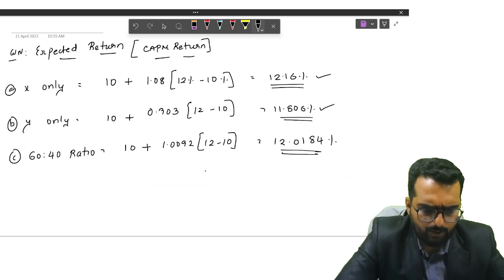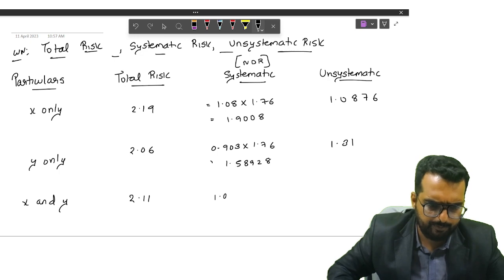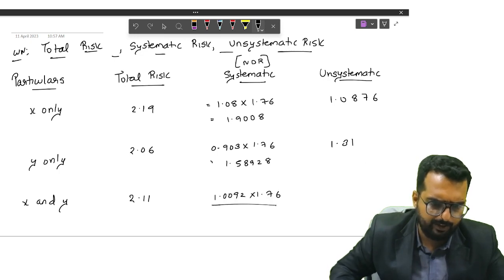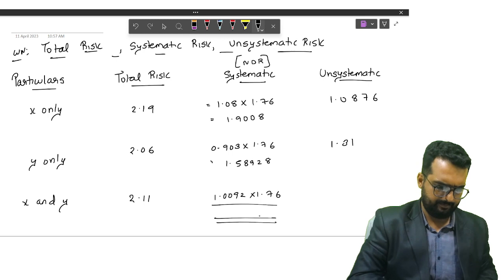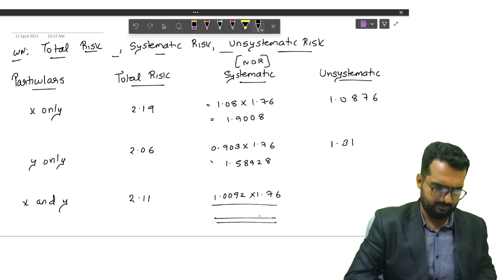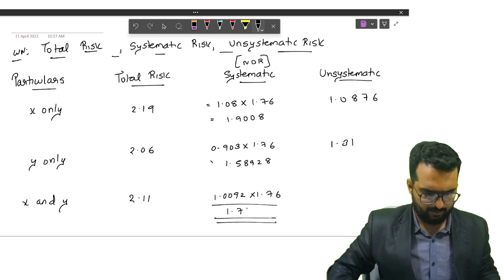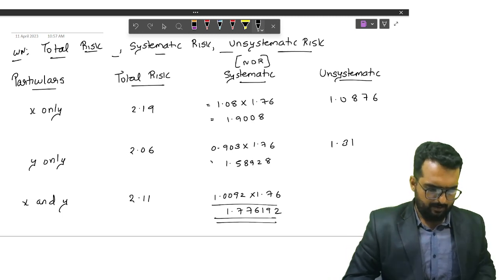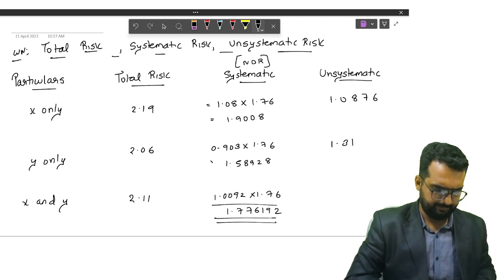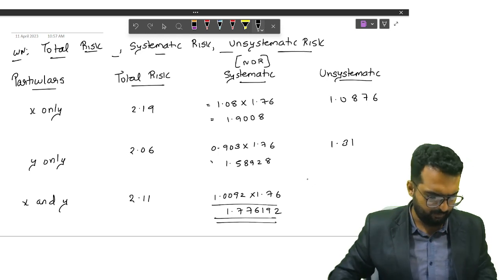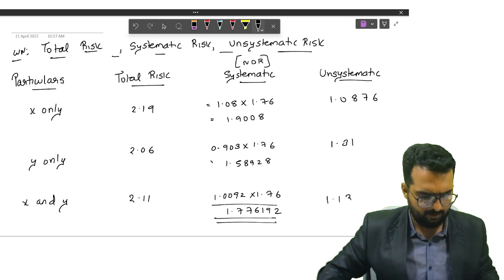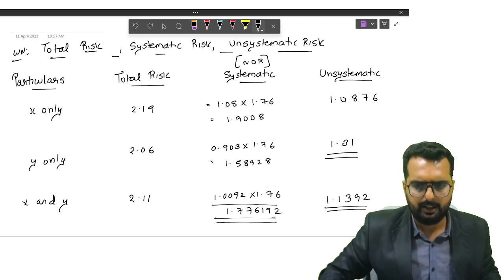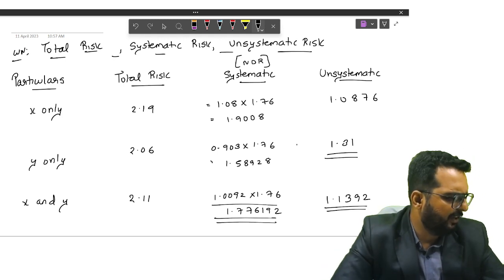We have already got the overall beta also, 1.0092 into 1.76. 1.29, square root of that will be 1.1392 will be the answer for the last one.